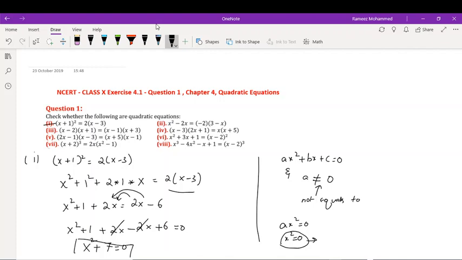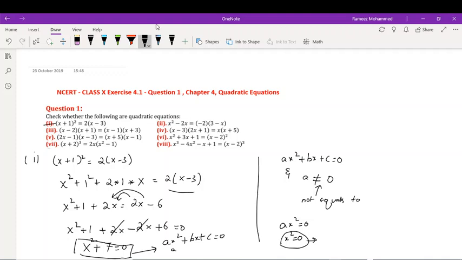So this thing, what form is it in? I'm really sorry guys. It is in the form ax square plus bx plus c is equal to 0.